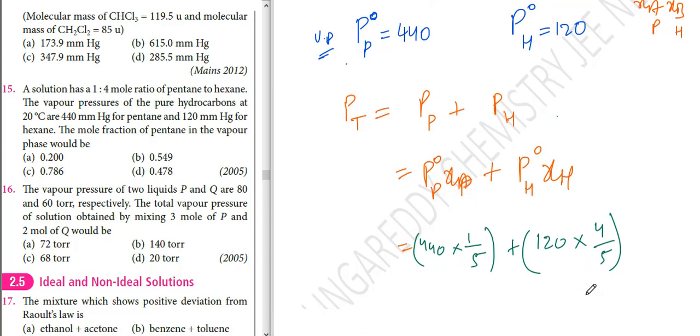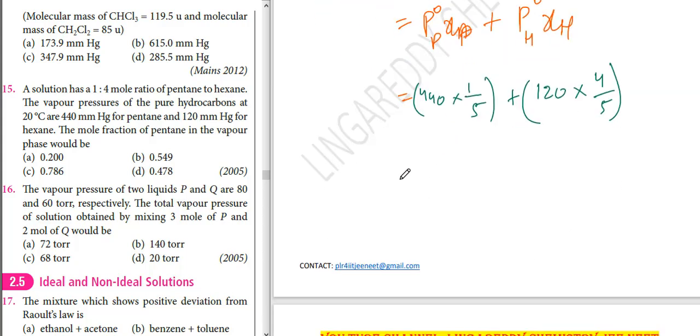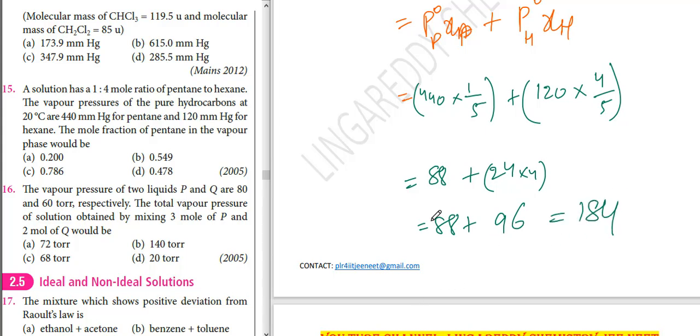Then 5 8s are 40, so 88, plus 5 2s are 10, 24, so 96. That means 88 plus 96 is 184. This is the P total.